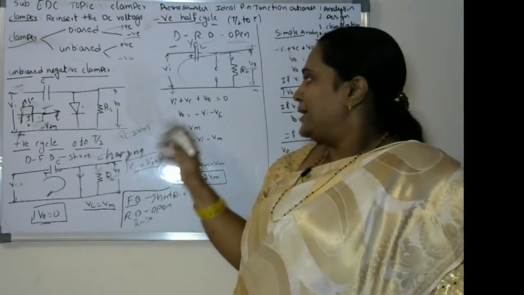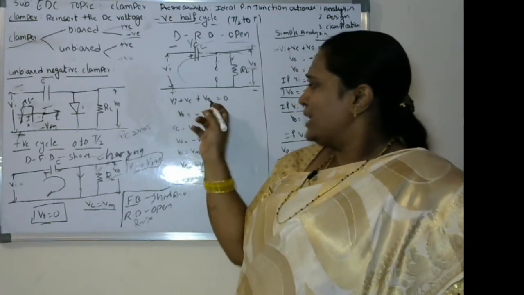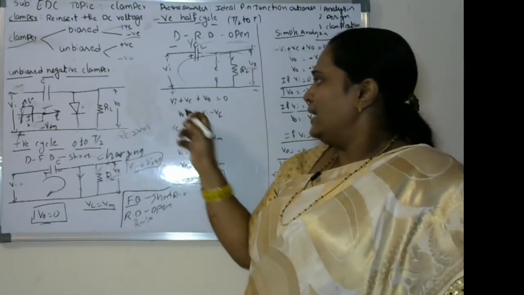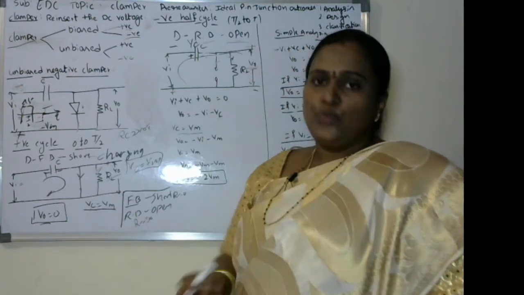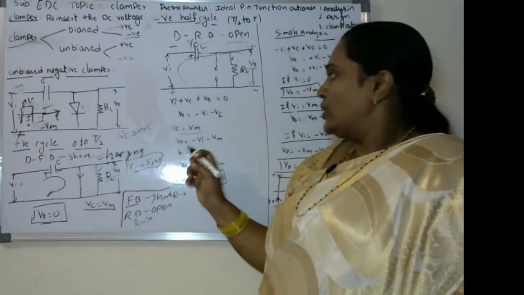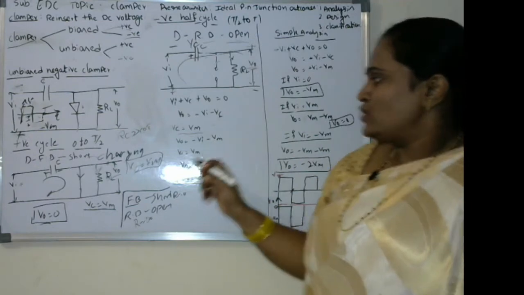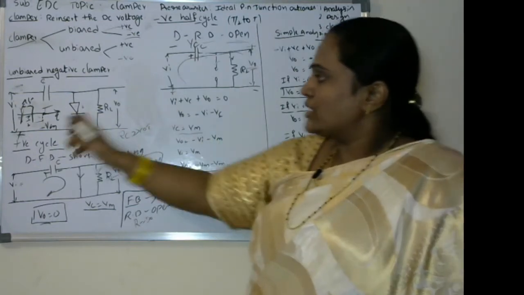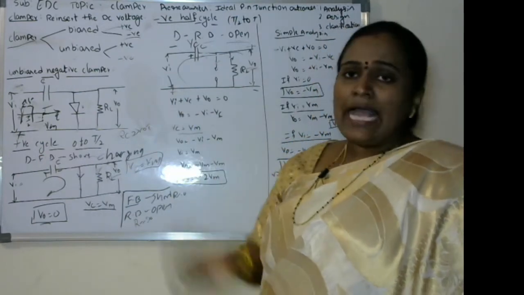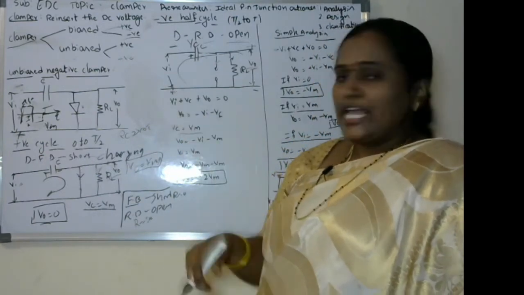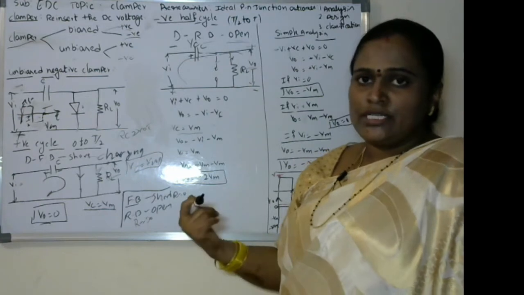So V0 equals minus Vi minus Vc. We already know that Vc equals Vm. So V0 equals minus Vi minus Vm. Vi, what is the peak value? It is Vm. Since we have already considered the sign notations, there is no need to consider the sign notation here once again.